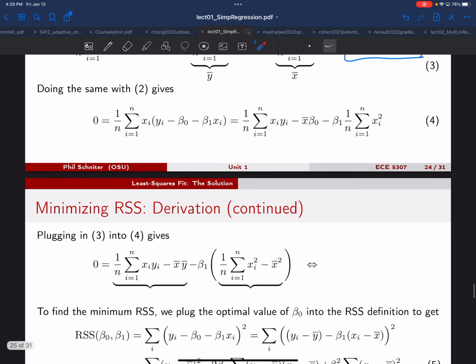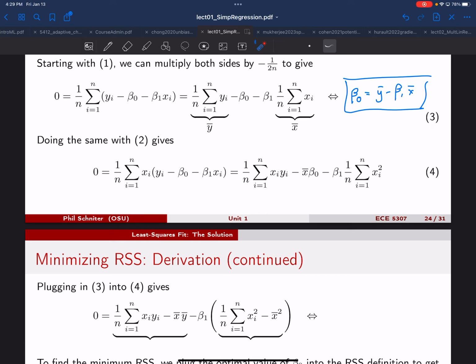All right. So now we're going to plug equation 3 into equation 4. I'm going to basically replace that beta 0 with y bar minus beta 1 x bar. And as you can see, that's going to give us an x bar times y bar, and it's going to give us an x bar squared times beta 1. So here's the x bar squared beta 1 term, and then this last term here is there.